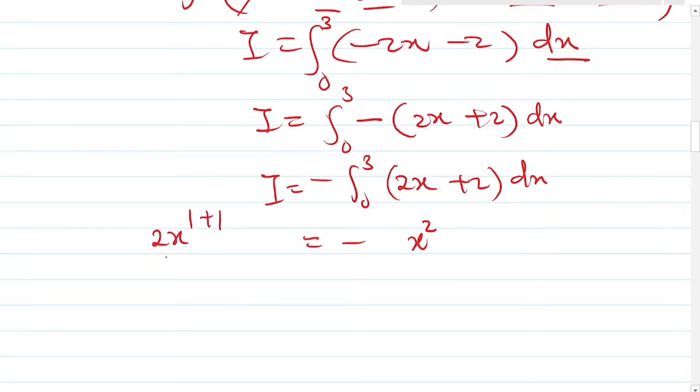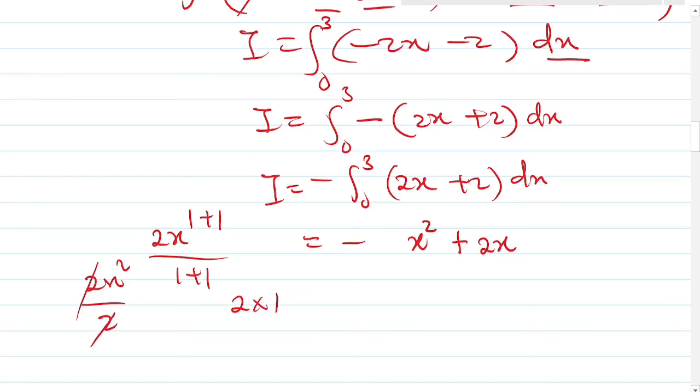So you just add 1, and then divide by 1 plus 1. So that will be 2x squared over 2. So 2 cancels 2. So you have just x squared. Then plus, the integral of 2 gives us 2x. How? Because 2 is like 2 times 1, and that would be like 2 times x to the power of 0. x to the power of 0 will give you 1.